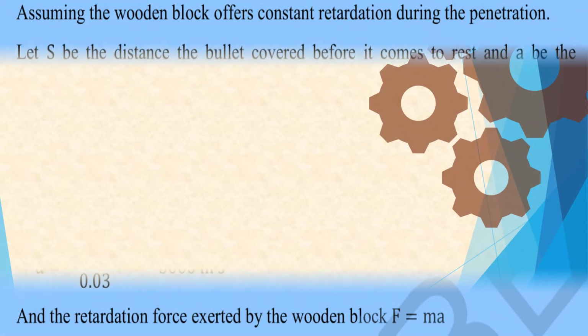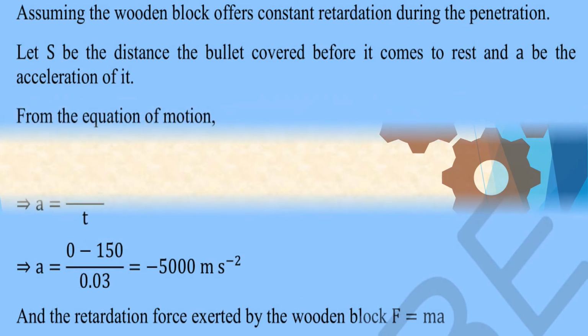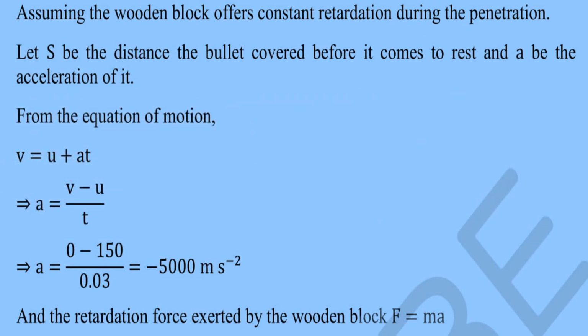We have to calculate the distance of penetration. Distance of penetration means the distance the bullet moved inside that wooden block, that is denoted by the letter S, and also we have to calculate the force. Before finding the force, we will calculate the acceleration first, because we have the term a in all the equations. The acceleration can be calculated by v minus u by t, change in velocity by time.